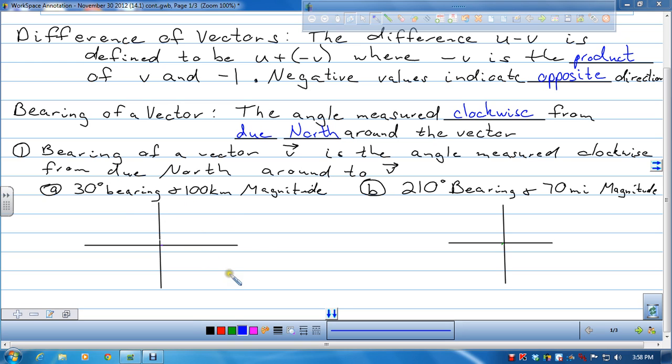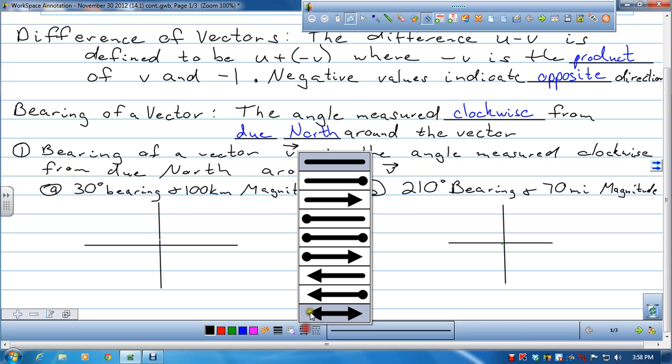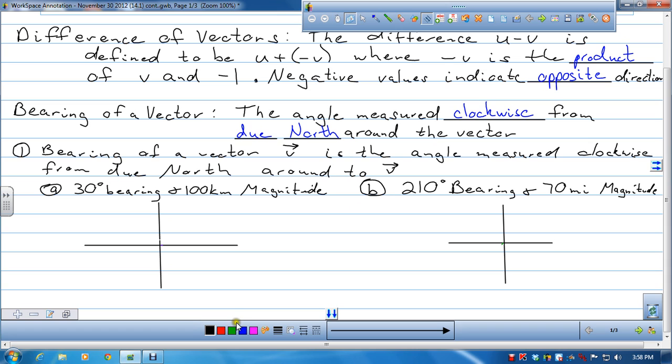So for a 30-degree bearing for 100 kilometers, let's get an arrow here and make that in blue. 30 degrees is probably about right there. Here's our vector, and we would say that that is 100 kilometers.